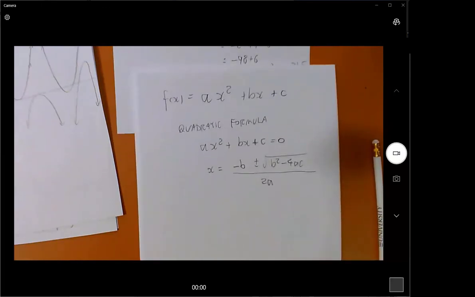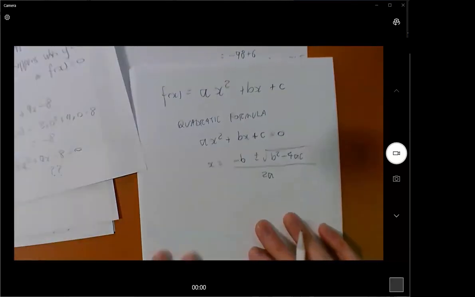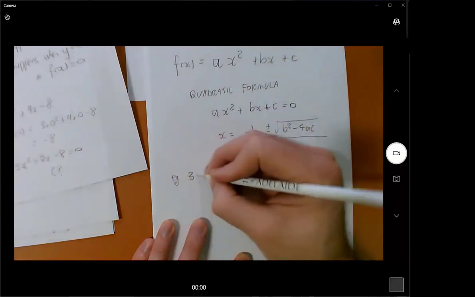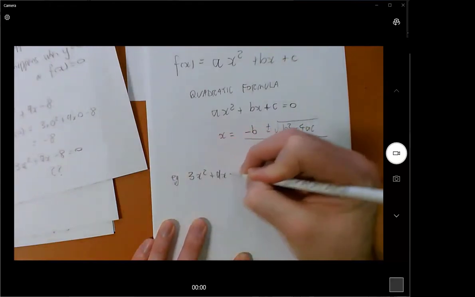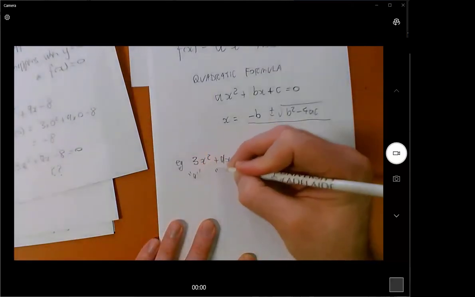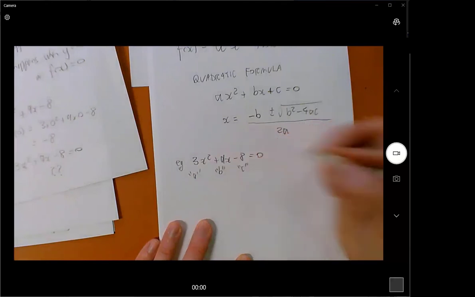And I would recommend, going back to that first problem that I had, my a is 3, my b is 9, and my c is -8.